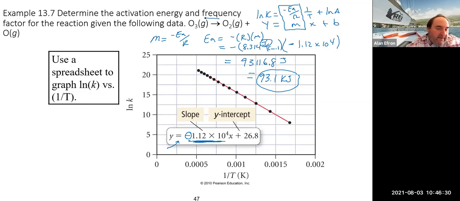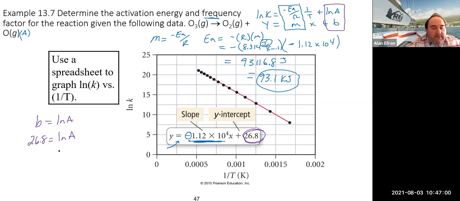Now the frequency factor, that is A. And again, that's sort of your proportion of molecules that have a sufficient amount of energy. If we go back to our equation, we see that the natural log of A is equal to the y-intercept. That's what b stands for. The y-intercept is this number here from our equation, and that would be 26.8, which is equal to the natural log of A. To get rid of the natural log of A, we need to take e to both sides.